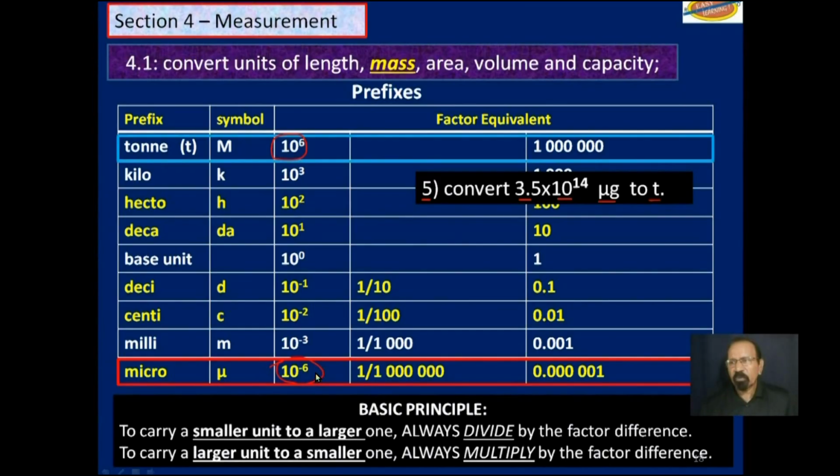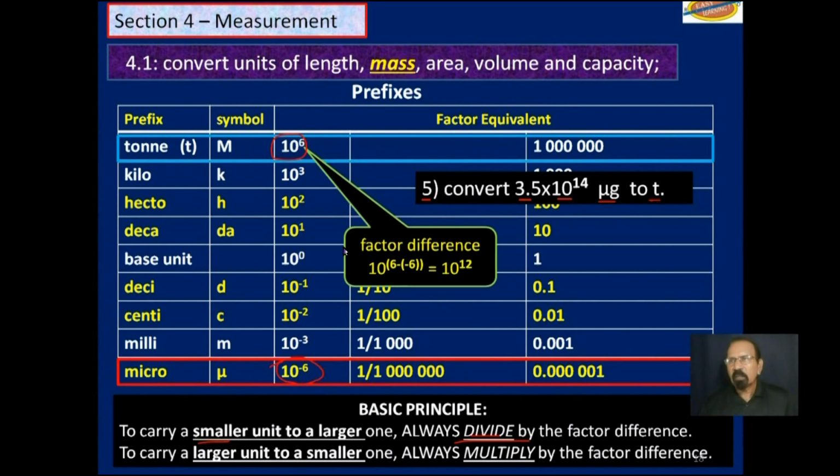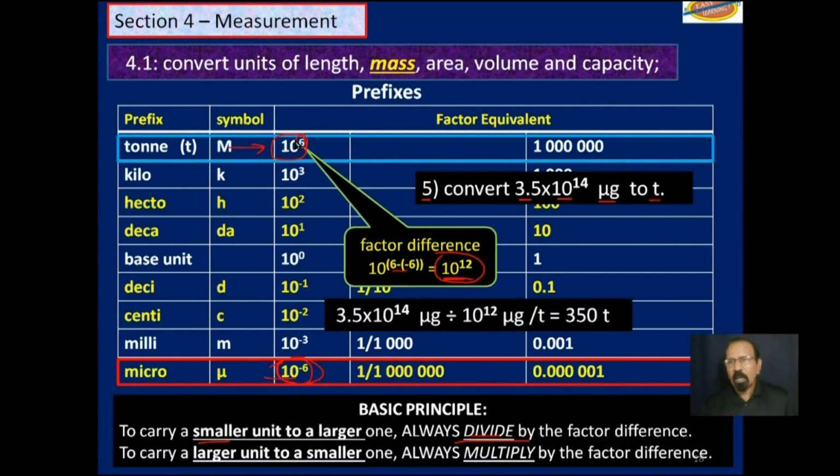As usual, we are going from a smaller to a larger. We will divide. Our factor difference will be 10 to the 6th divided by 10 to the negative 6. You subtract the lower index from the higher one, and you get 10 to the 12th. So it takes that amount of micrograms to make 1 ton or 1 megagram. And so you have to divide by 10 to the 12th.